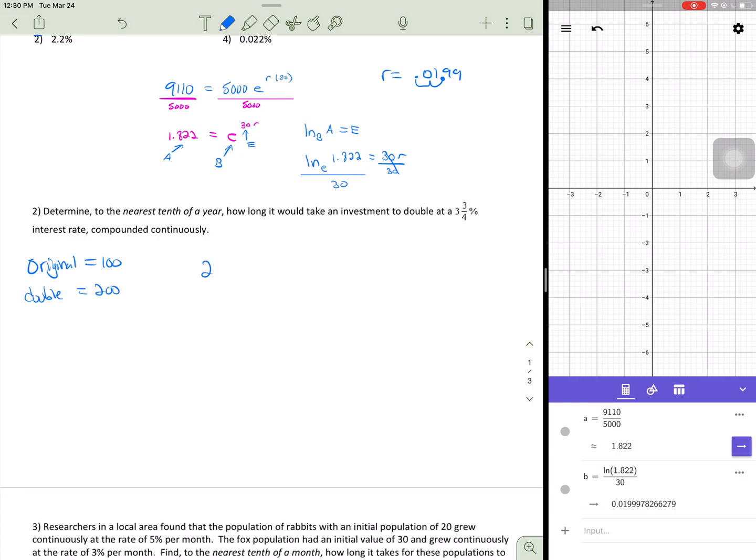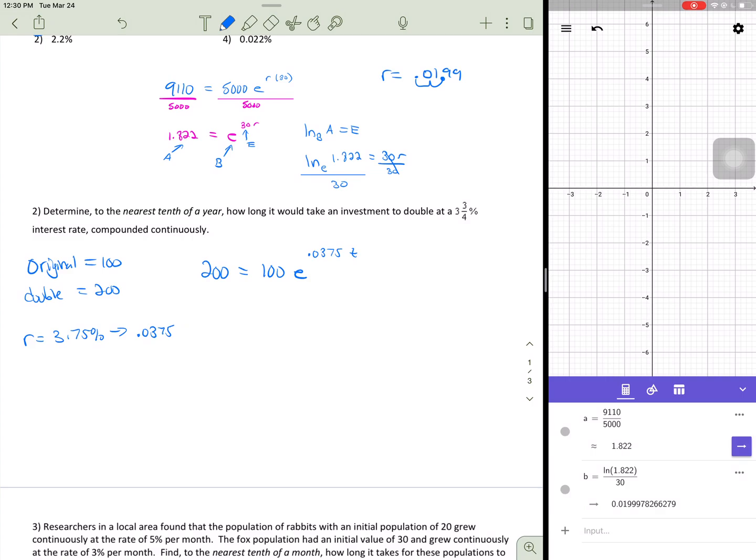So 200 equals 100, e to the rate, 3.75%. So what is that? That's 0.0375. So I'm going to raise this to the 0.0375t. We're going to solve this again for t.